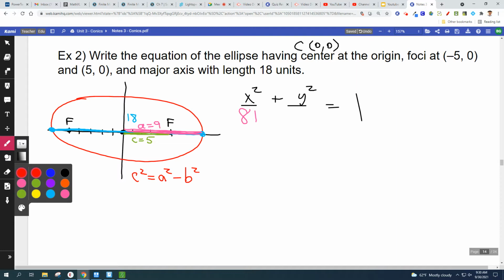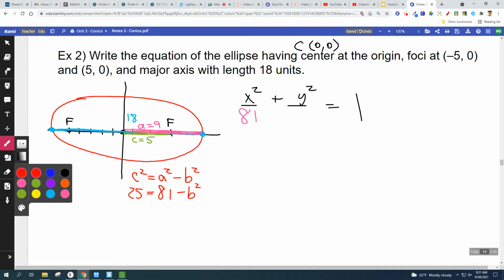And C squared, 5 squared is 25. C is 5, so square it, you get 25. A squared is going to be 81. 9 squared is 81. And you just have to solve to find B, or B squared, actually. I don't even really need B. I just need B squared.